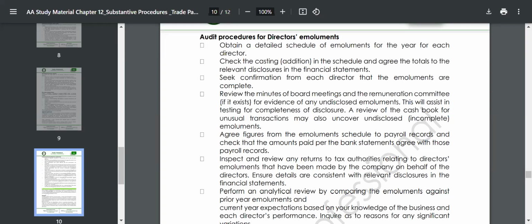Now you might ask, what is the stress in all of this? Why do directors do this? If it's a listed company, it's a requirement. It is very necessary because listed companies are public companies. So these directors are holding trust for the owners of the company, which are the shareholders.